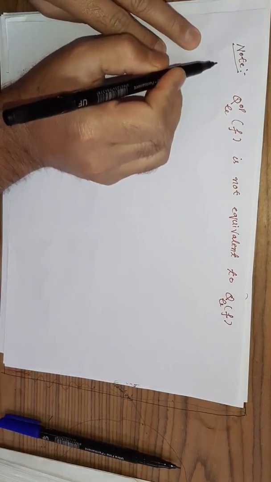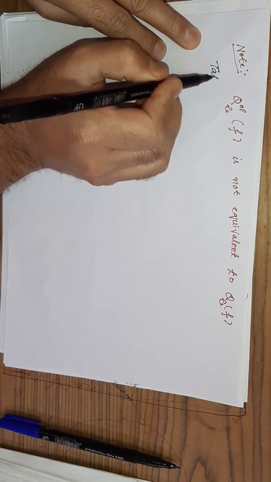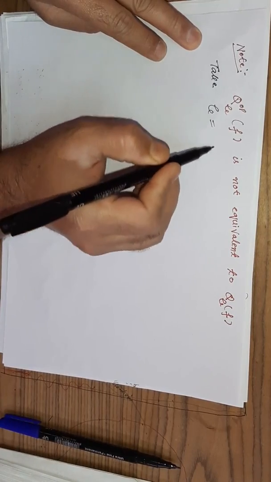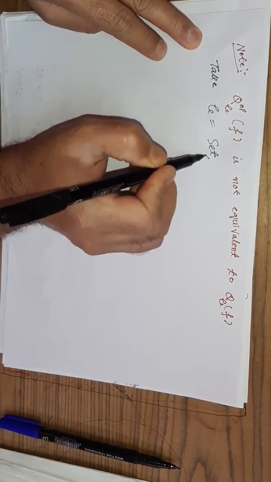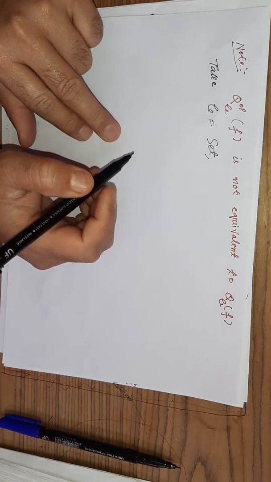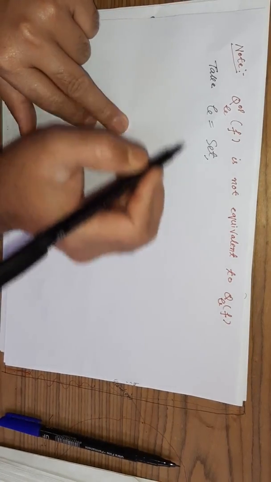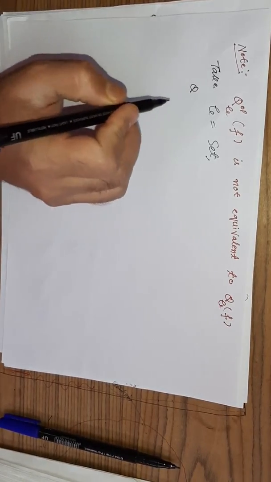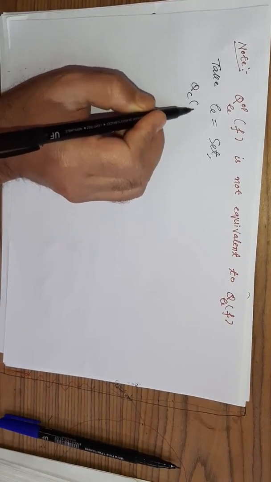Take C equal to Set, the category of all sets and functions, and take the statement Q C F.